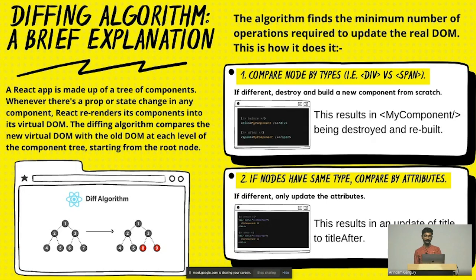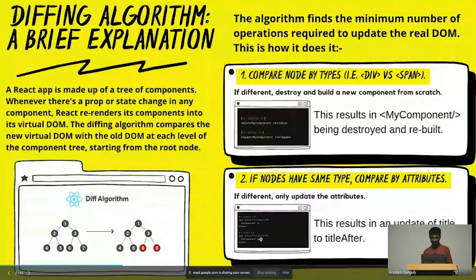When it does it, it compares the nodes by their types. If the types are the same, then it does not re-render it. It just updates that particular attribute. Say, for example, in the below example, you can see only the titles have been changed, right? For the first one the title is 'title before', and for the second it is 'title after', right?